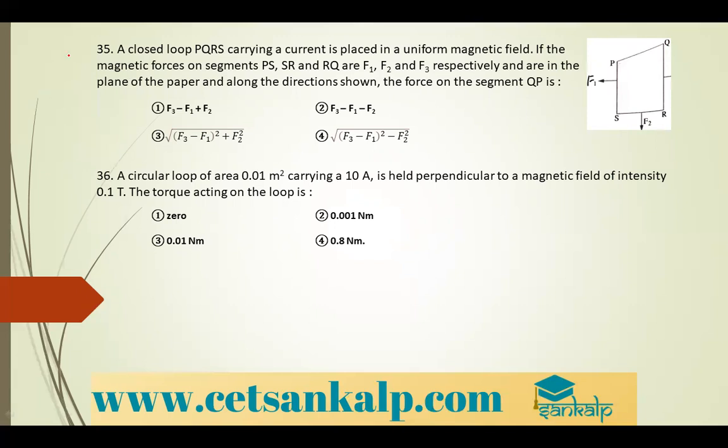Here there is a force, this is F1, and on this side there is F3. In the diagram, a closed loop PQRS carrying a current is placed in a uniform magnetic field.